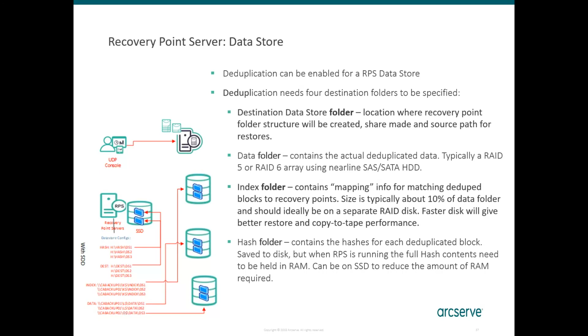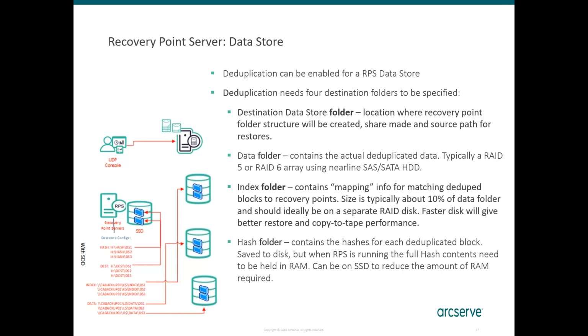The index will map out how many times we've seen that unique data, and typically it's about 10% of the size of the backup you're doing. Again, RAID for faster performance is recommended, especially if you're doing copy to tape or any type of archive. And then, as we mentioned, the all-important hash location, which is the SSD.